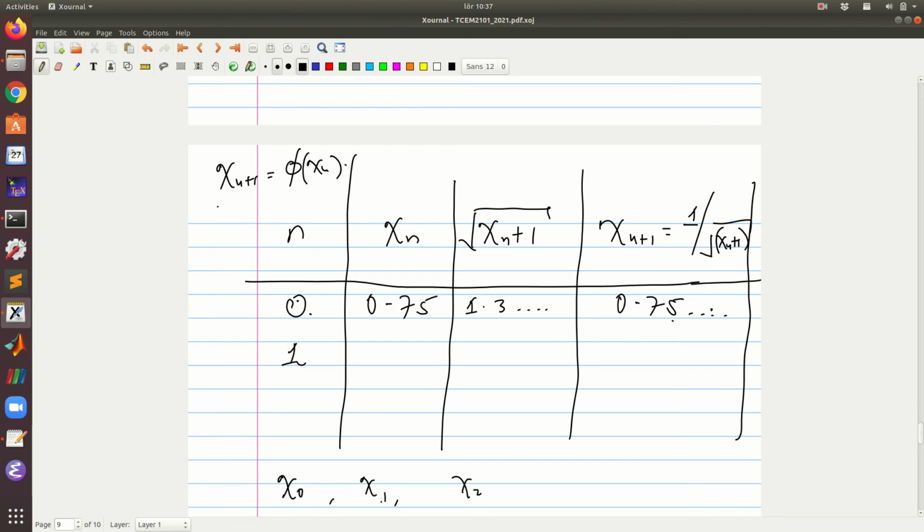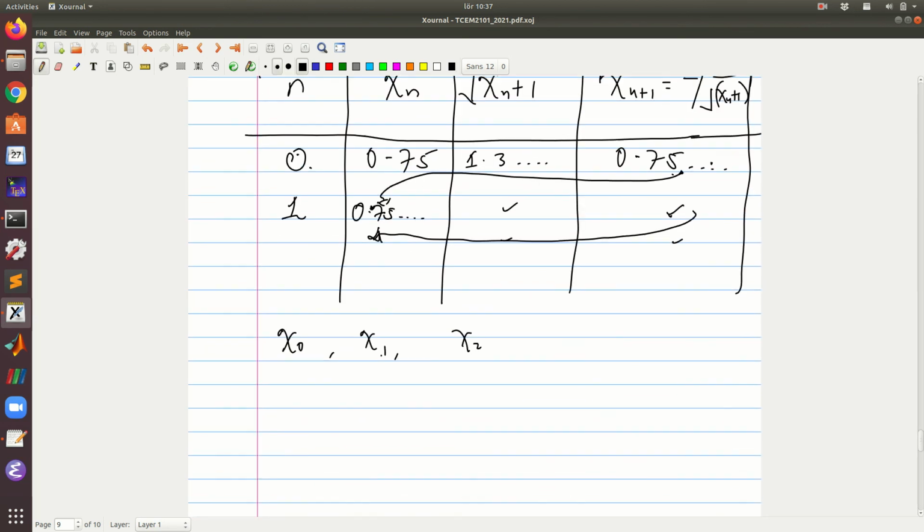Then when n is 1, we have x2, and to compute x2 we shall use the value of x1, which is what we have over here. So we take this value and drop it down here. Was it 0.75? Yes, it was 0.75 something. Then we compute this value, and this value, and then this value. Now we use it here to compute this and that, and so on until we reach something.